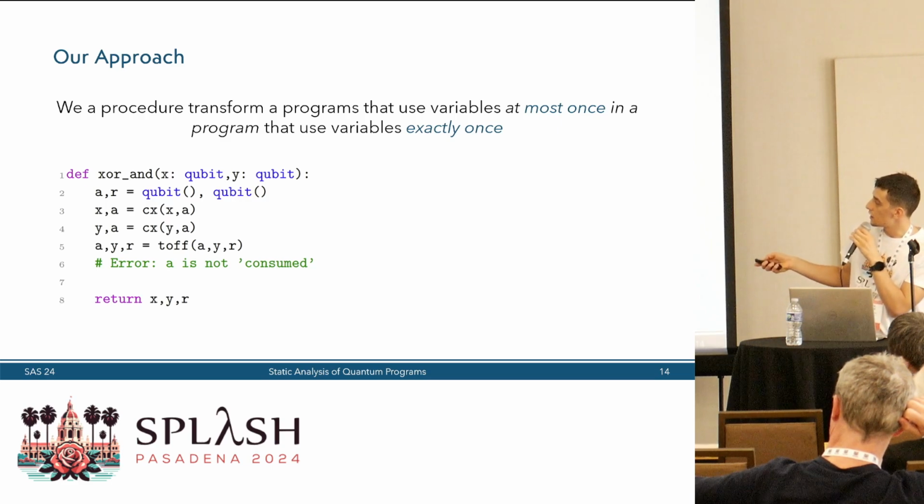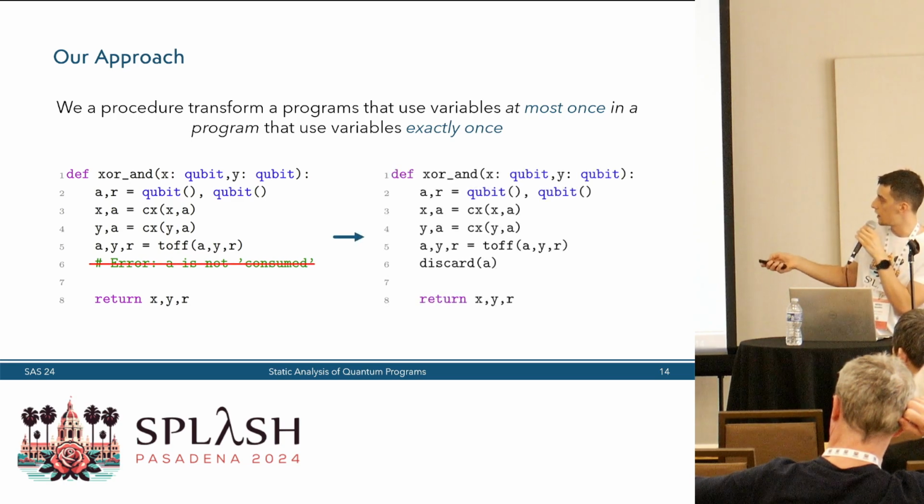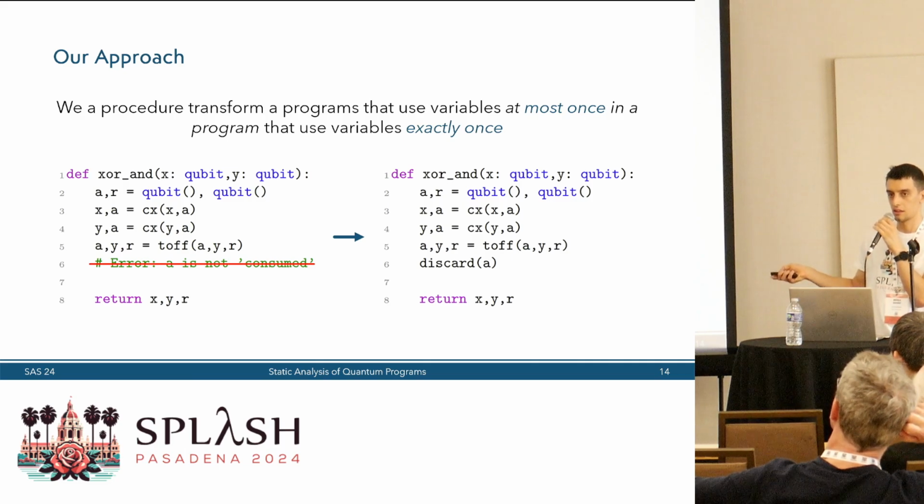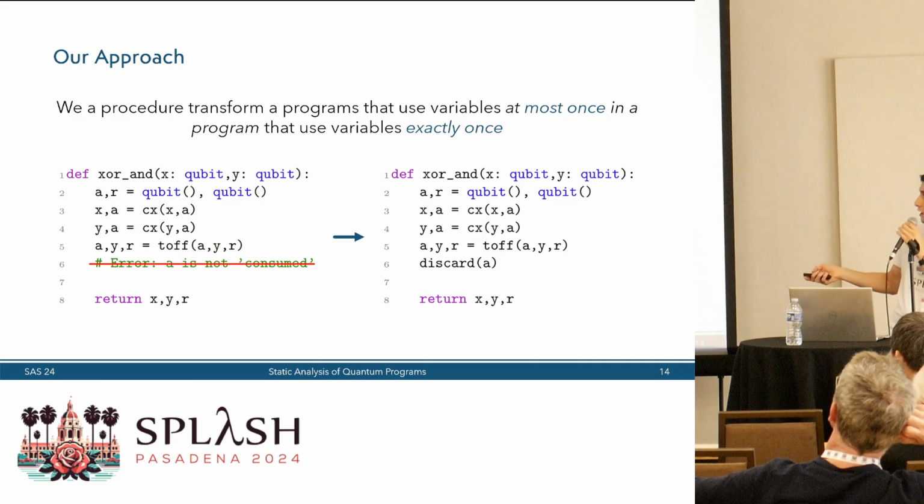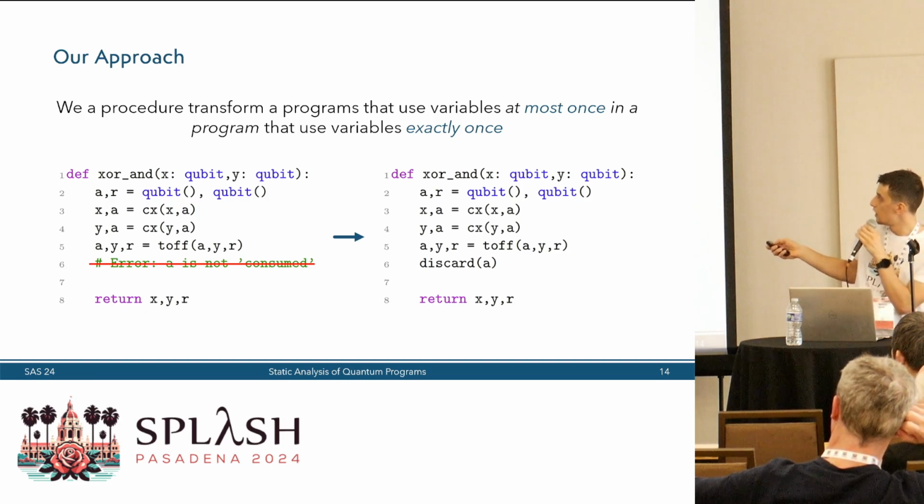And basically, when we have a program like this, instead of returning an error, we analyze it, detect which are the temporary variables, and add a discard. And thanks to this, we can relax the constraint of using variables exactly once and only force the programmer to write a program that uses variables at most once.